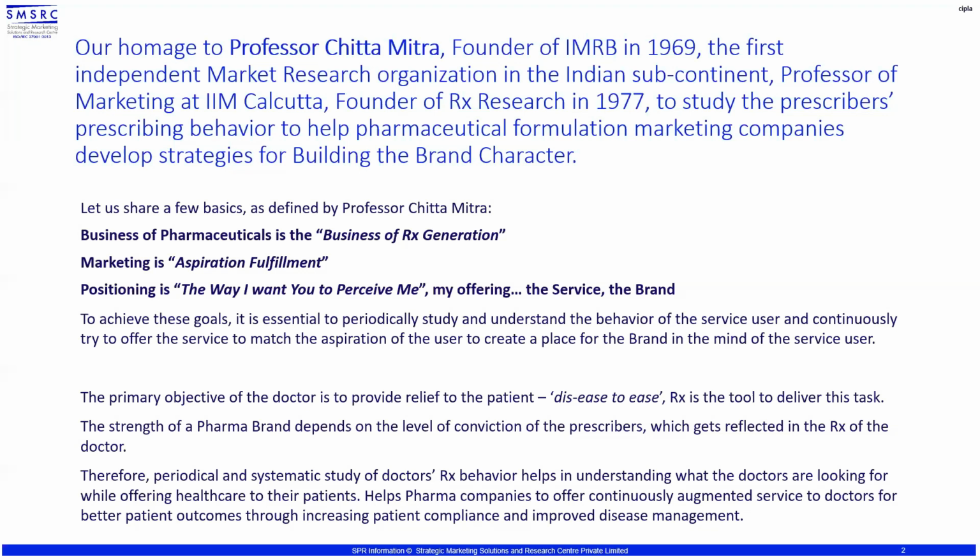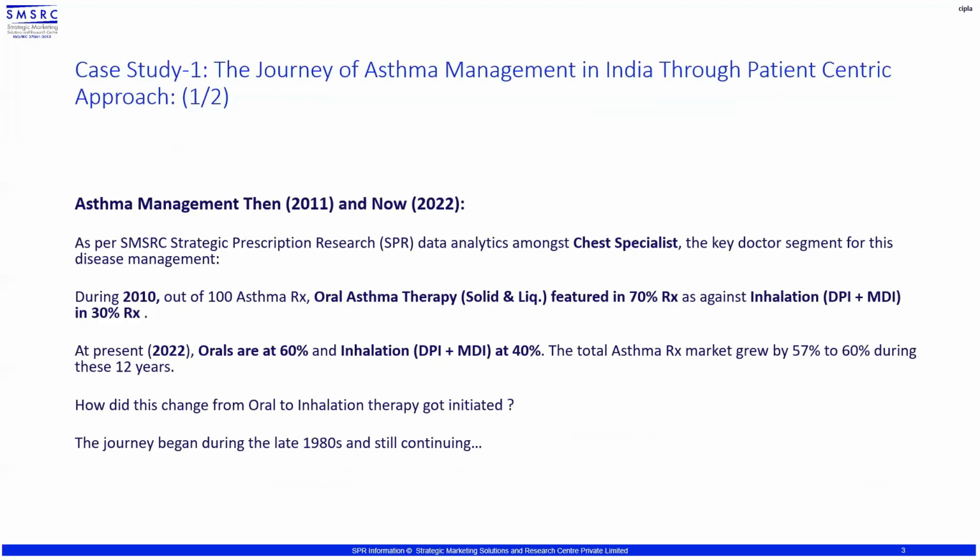One of the best examples that I can think of is definitely asthma management, then and today. When I refer to that past, I'm referring to 2011, but it started since 1988 or mid-80s. So even in those days, industry was patient-centric.